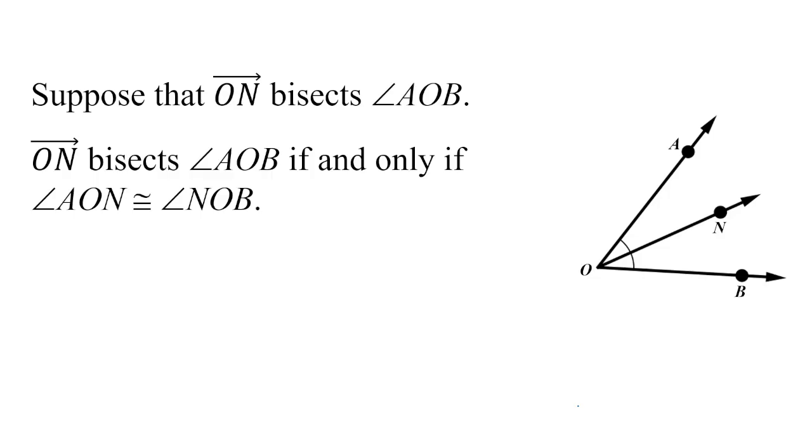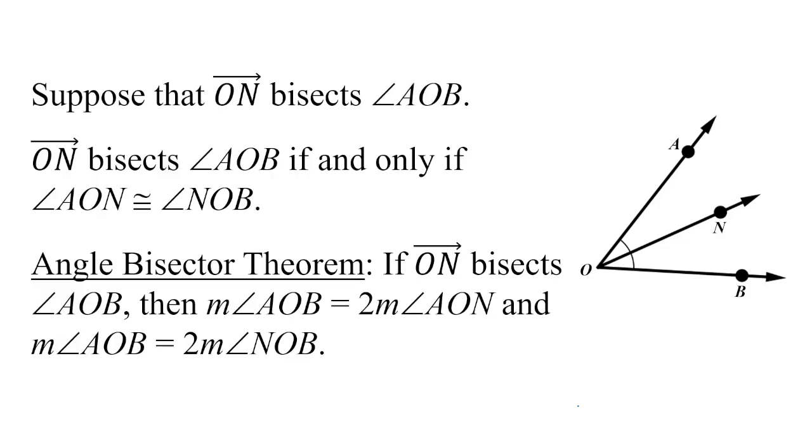And similar to the midpoint theorem, we have the angle bisector theorem. If ray ON bisects angle AOB, then the measure of angle AOB equals 2 times the measure of angle AON and 2 times the measure of NOB.